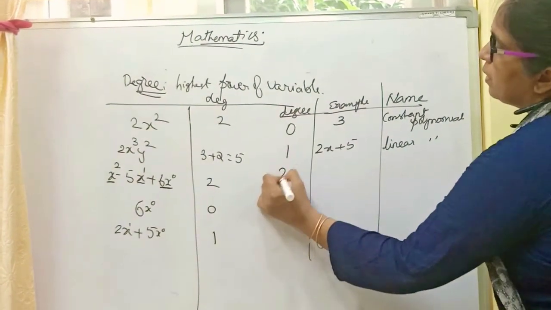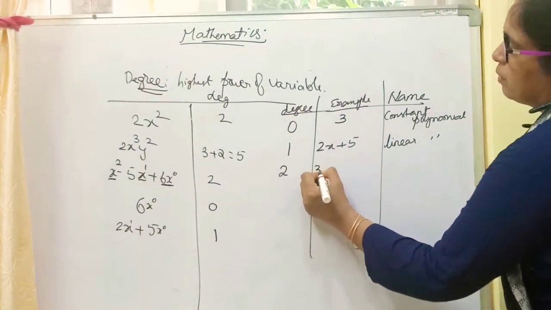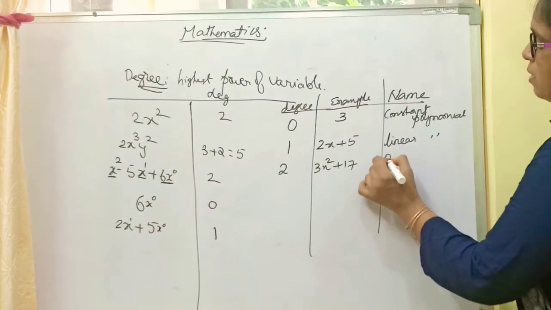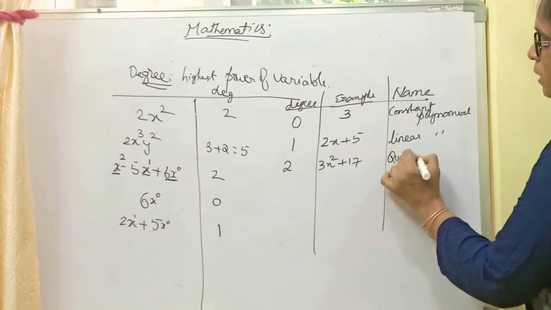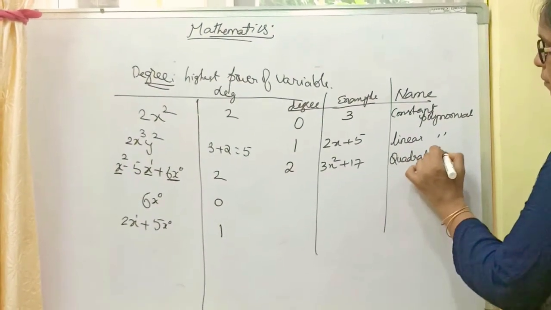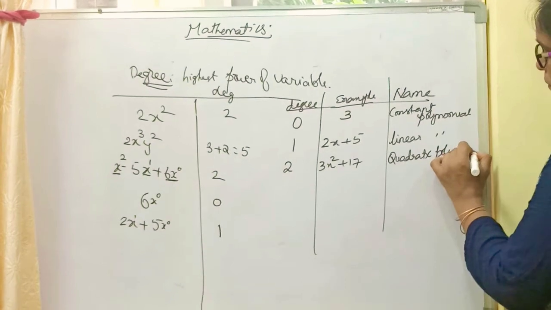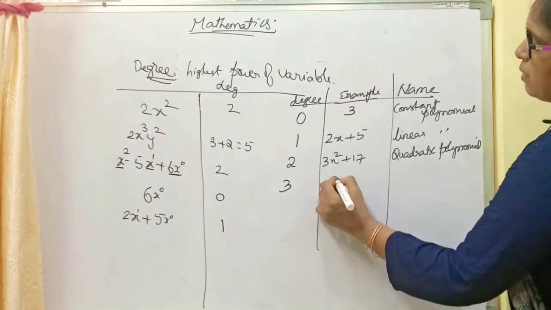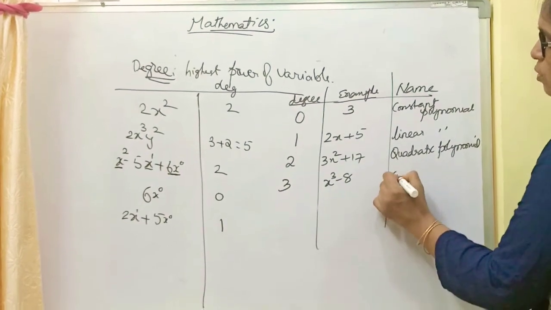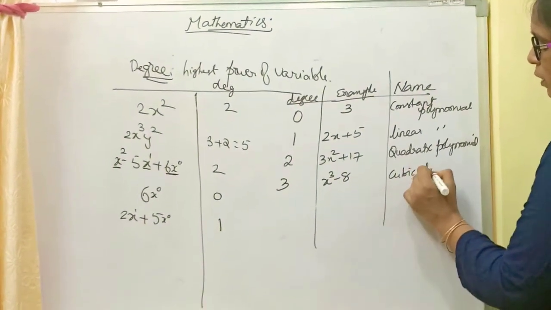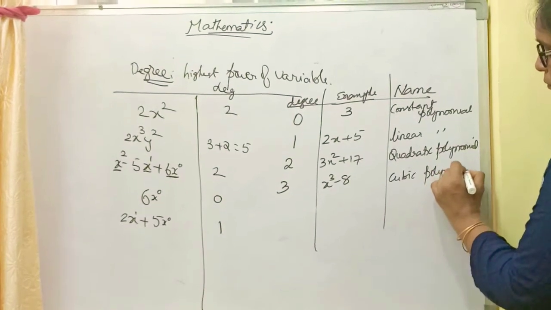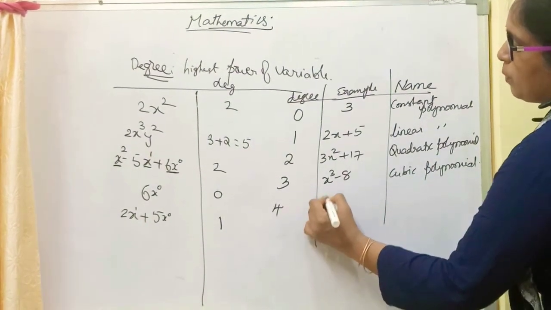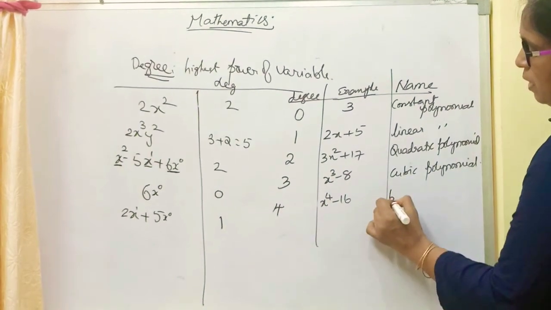If the degree is 2, example 3x square plus 17, it is called a quadratic polynomial. If the degree is 3, for example x cube minus 8, it is called a cubic polynomial.